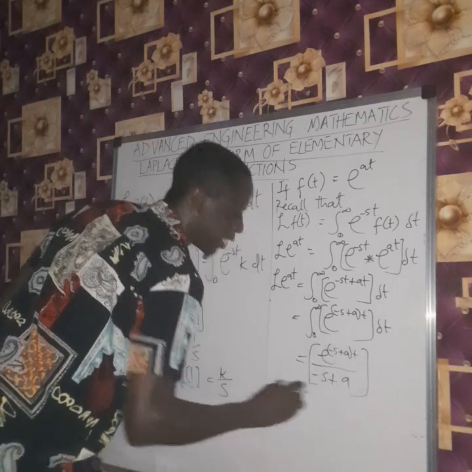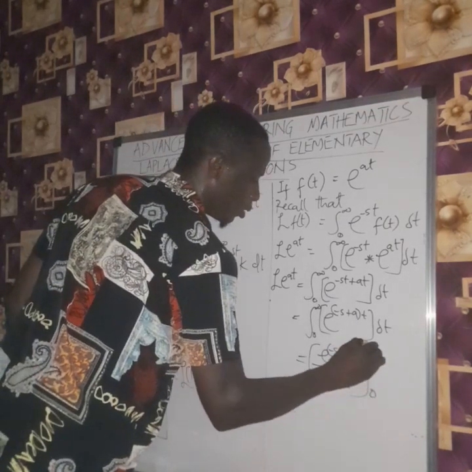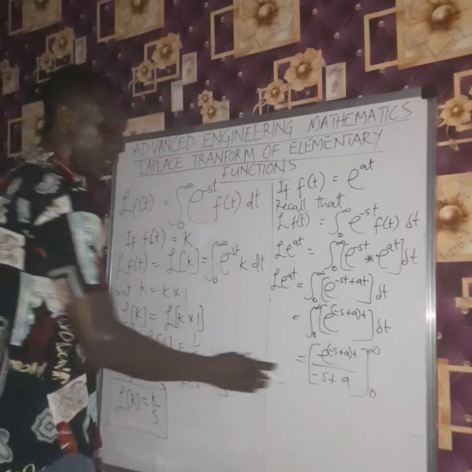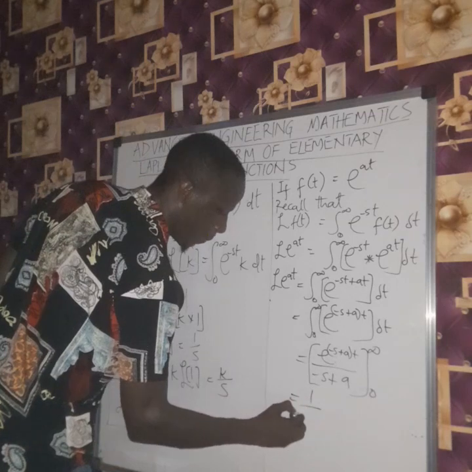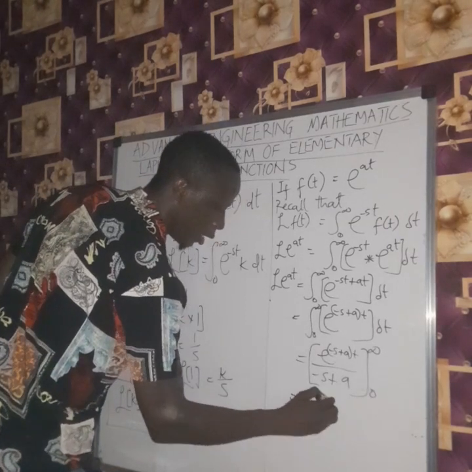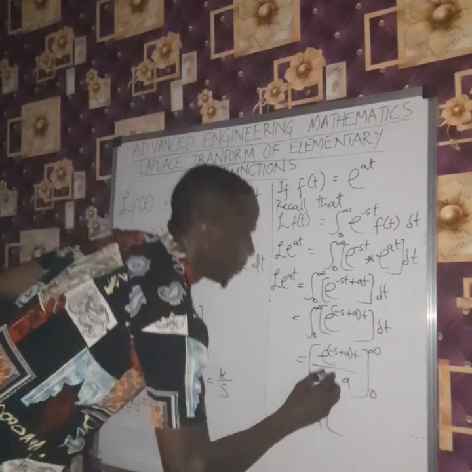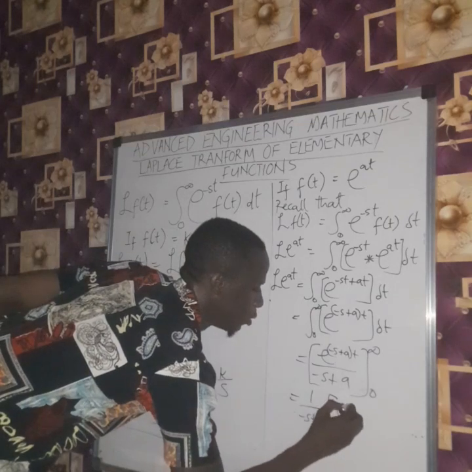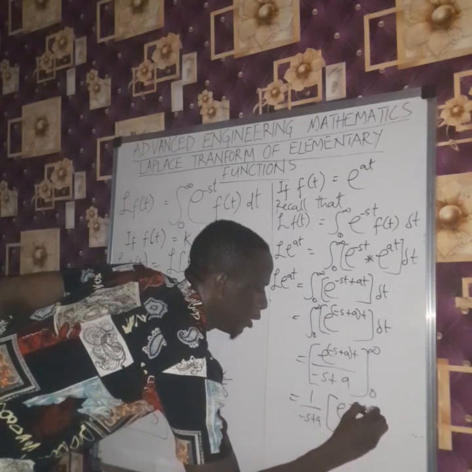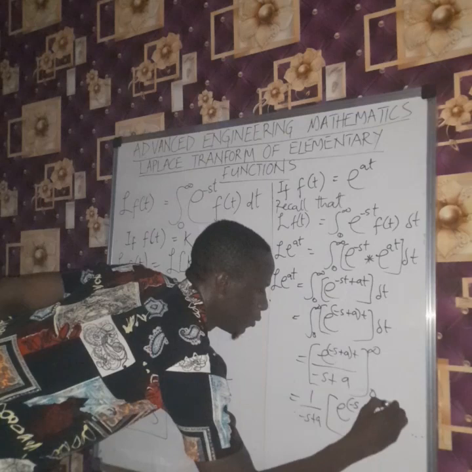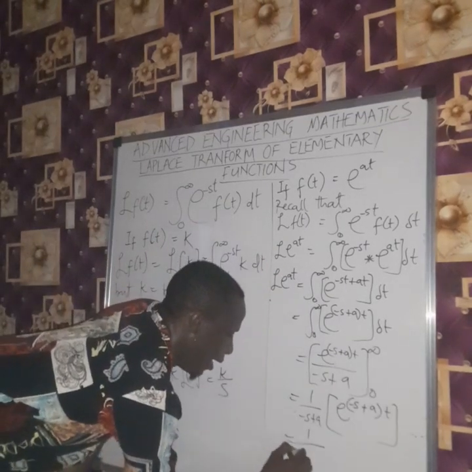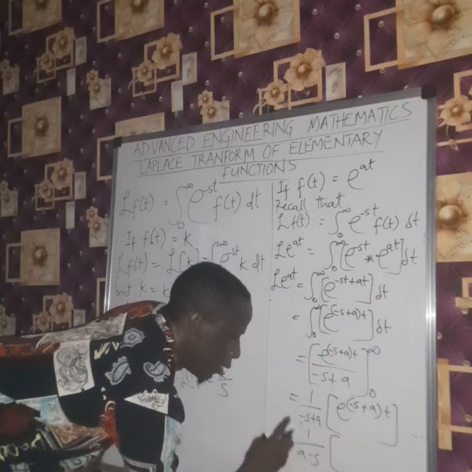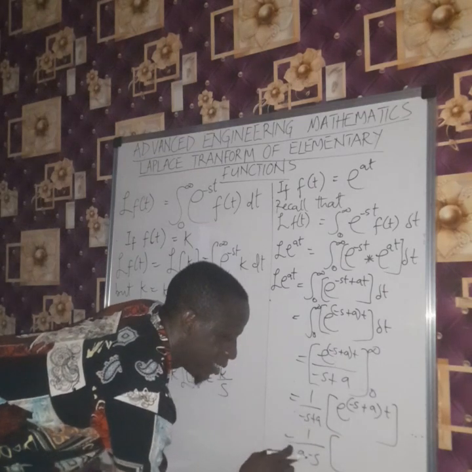We have integrated it like this from 0 to infinity. Now this is the denominator, we can bring it out. I have 1 over minus s plus a, and e raised to the power minus s plus a t. Now 1 over minus s plus a is the same as 1 over a minus s.